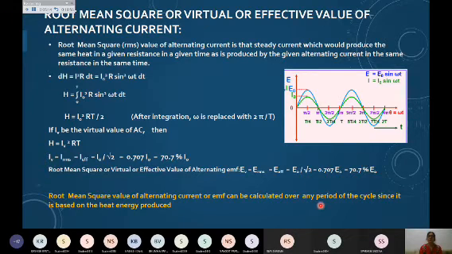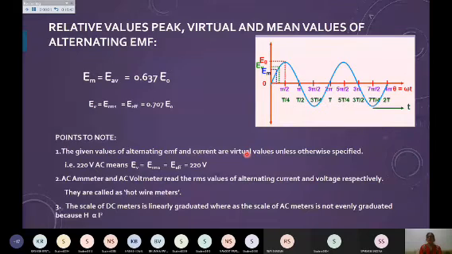On the basis of this only, as I've said, we have designed the AC voltmeter and AC ammeter. They are working on the heating effect of the current. On the same basis the designing is done, because that will not cancel each other. These are the important points which you have to keep in mind when you are dealing with the RMS values of the alternating EMF or the average values.